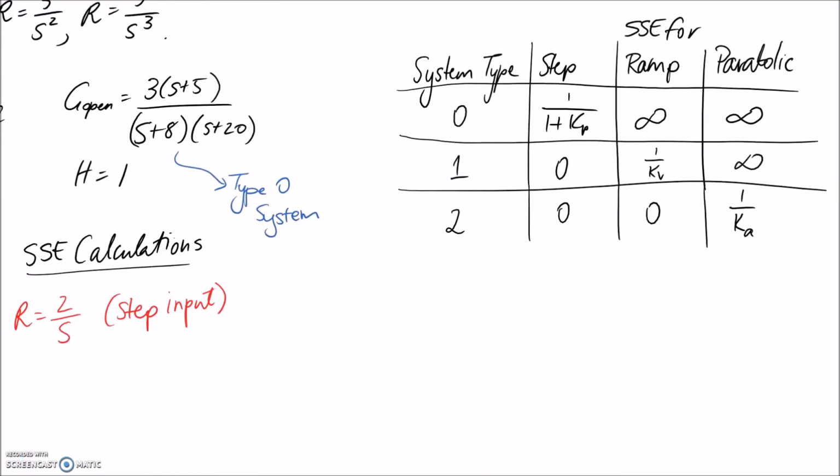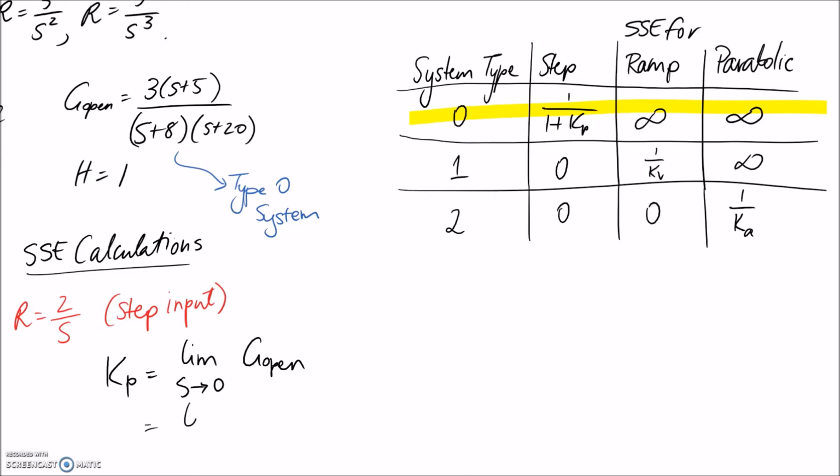So we said that we are a type 0 system, so we're looking at this line, and first one is a step. So we need to calculate this. This is our error constant, Kp, because it's going to appear in here for the steady state error. So Kp, the equation was the limit as S goes to 0 for our open transfer function.